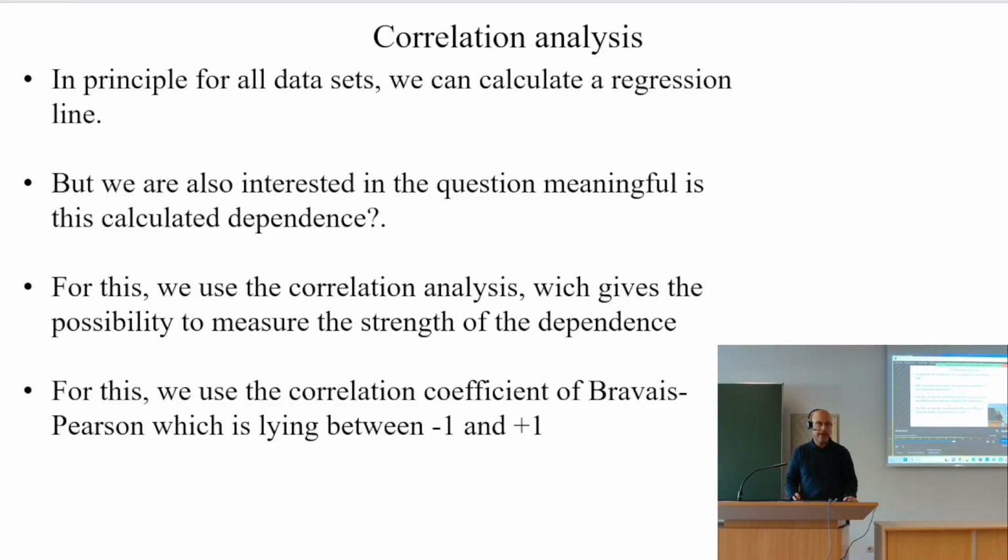So here I already gave you the output of the coefficient of determination, and what is behind this is the so-called correlation analysis. For this, Bravais and Pearson, I think around 1910, introduced this correlation coefficient in order to have a quantitative measure, so to speak, of how good my fit is.